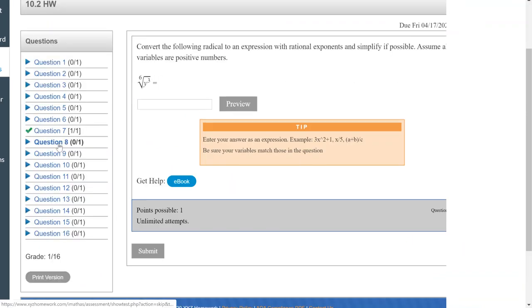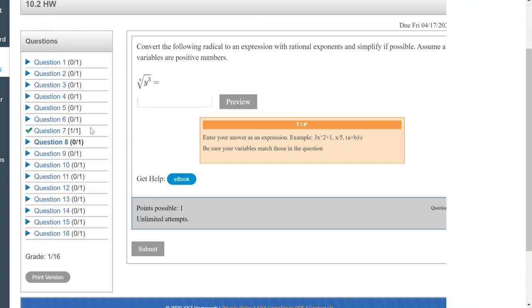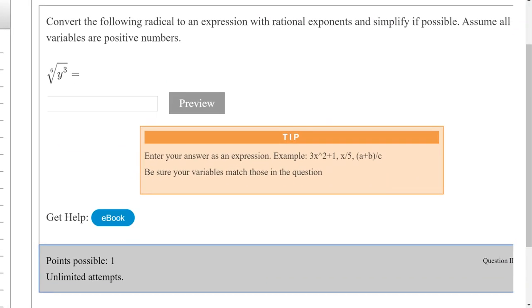So I'm going to go to question 8, and it's the same kind of question. Convert this following radical to an expression with a rational exponent and simplify if possible. And we're assuming that all variables are positive here. Later, if we don't assume that variables are positive and we're taking even roots, we need absolute value.